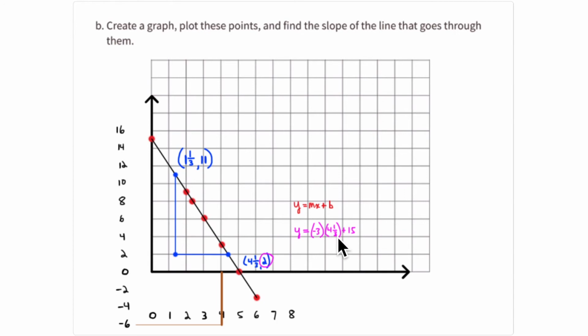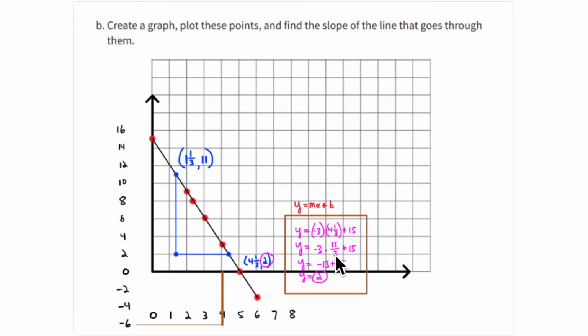Well, 4 1/3 is the same as 13/3. So negative 3 times 13/3, this is a negative 13. You can look at this as the opposite of 3 times 13/3. These 3's cancel out. You're left with positive 13. The opposite of a positive 13 is negative 13. And so 15 plus that negative 13 gives you this 2 right here.